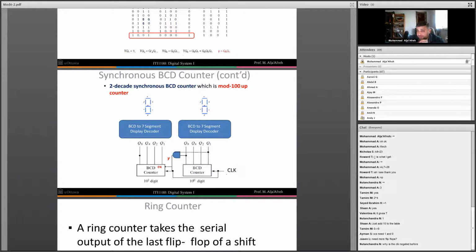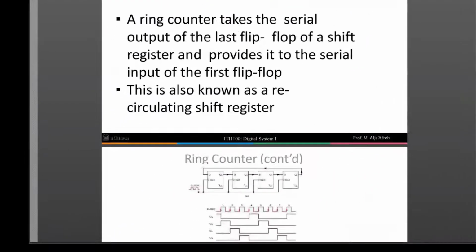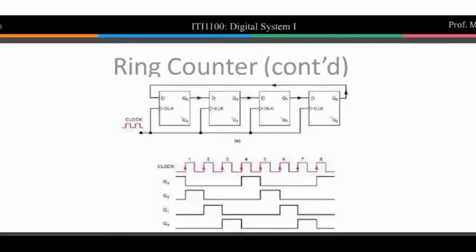Another type of counters that you may encounter in the literature is the ring counter. And the ring counter is nothing except a shift register. Look at this, the ring counter. The output of the last flip-flop will loop back to the most significant bit.